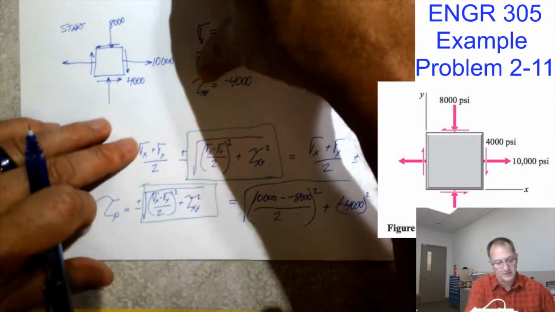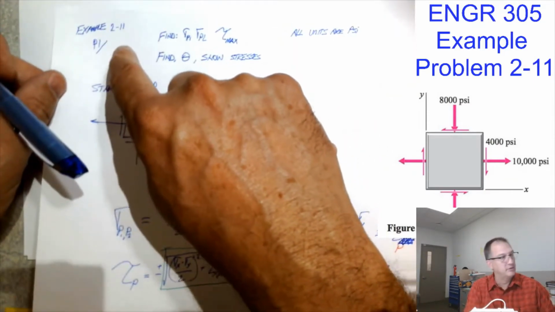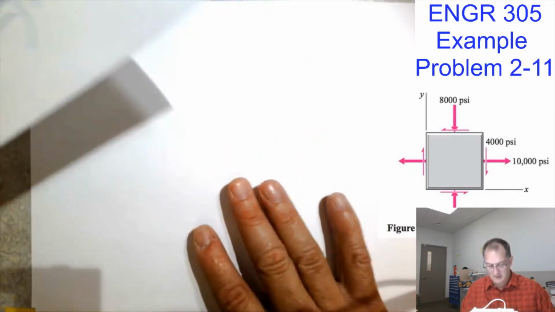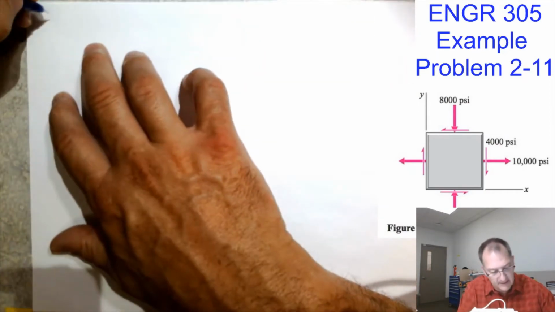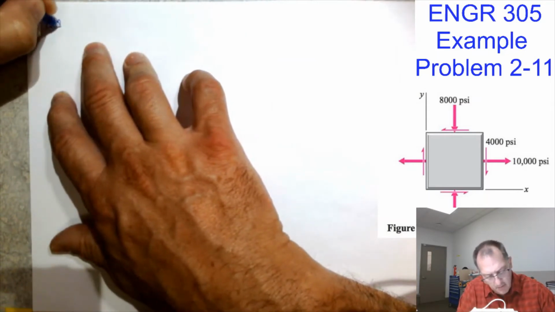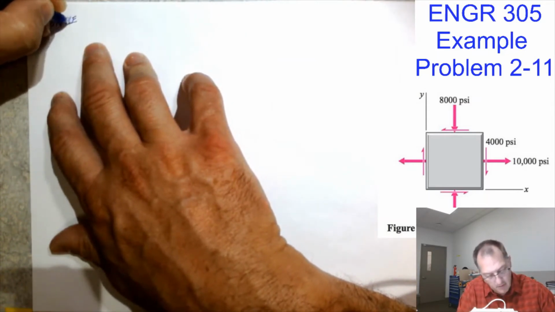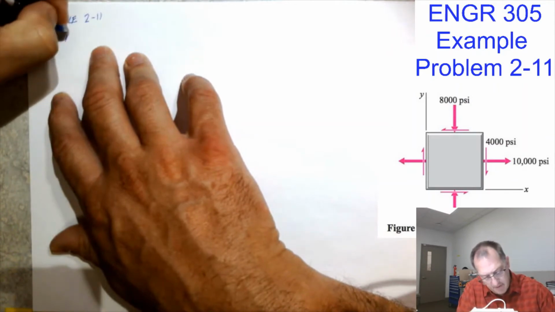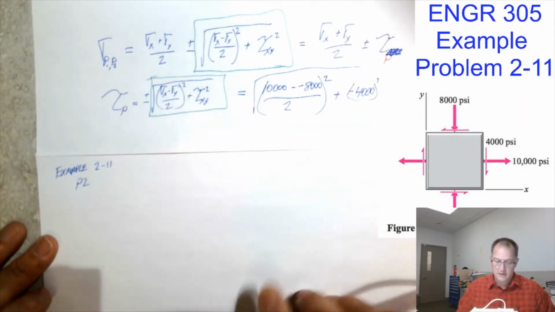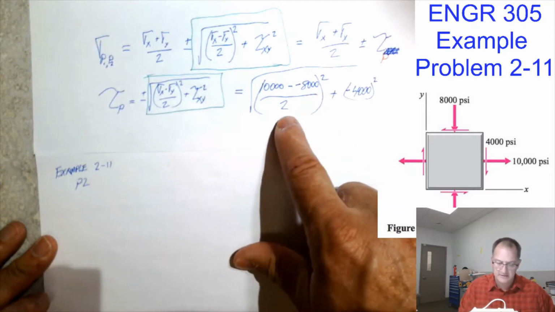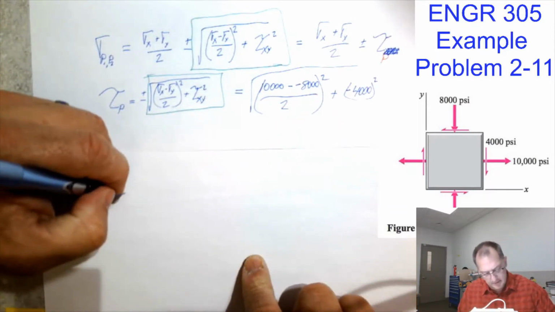let's get a new piece of paper out. I already labeled the corner on this one. Example 2-11, page 2. 10,000 minus negative 8,000 divided by 2, that's 9,000.